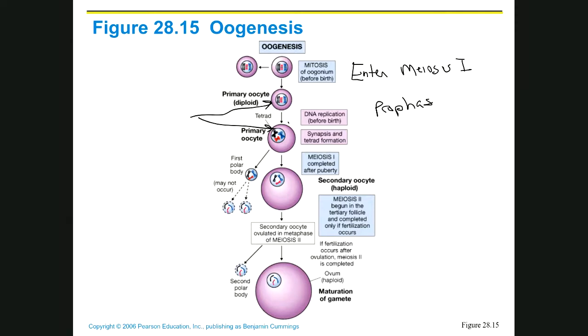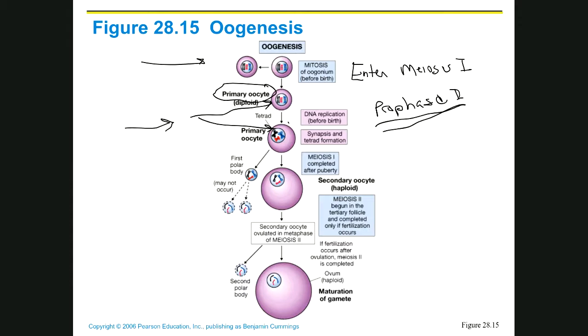So if you look at the ovary of a young fetus, we see oogonia. But if we look at an infant or a late fetus, what we're going to see are not oogonia. We're going to see primary oocytes, all in prophase 1.